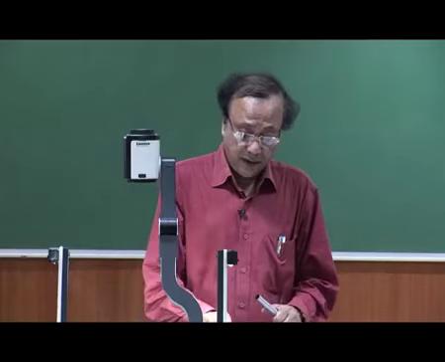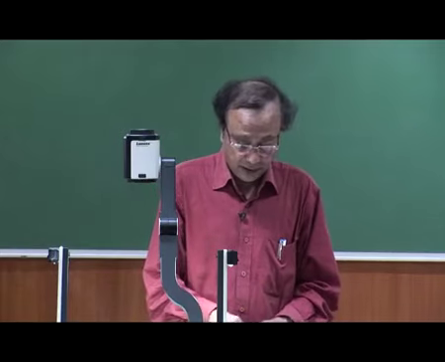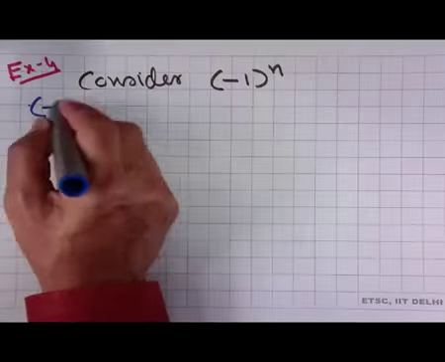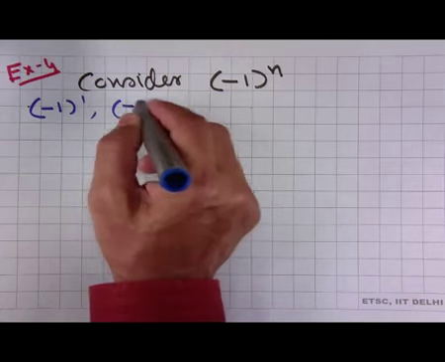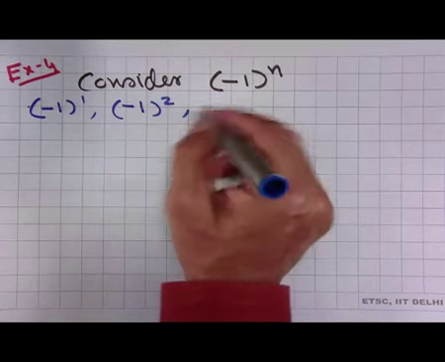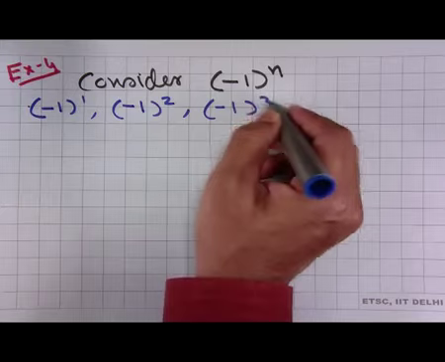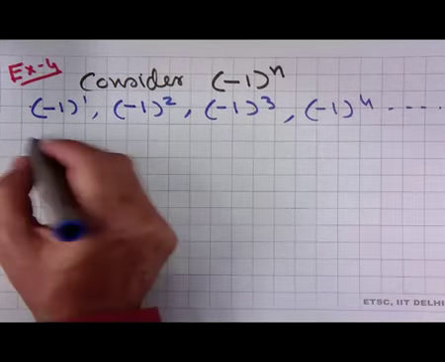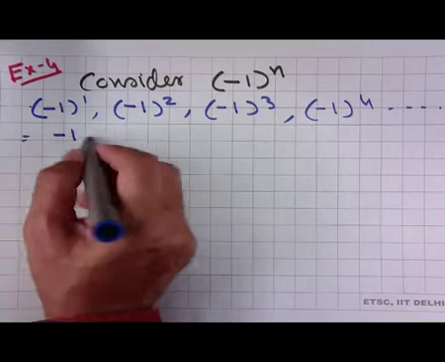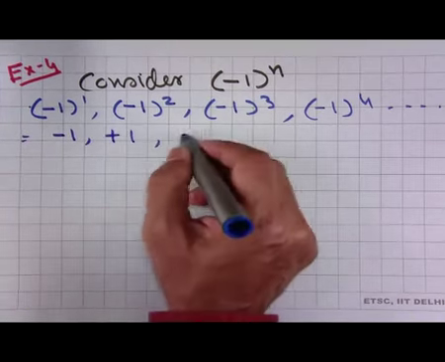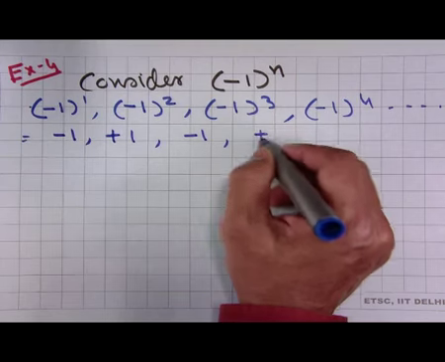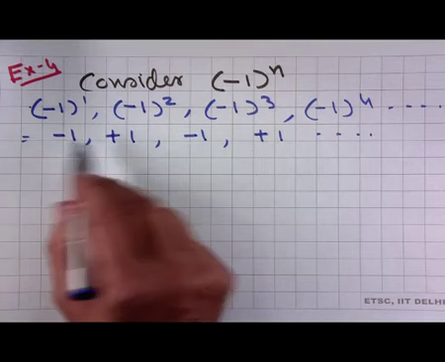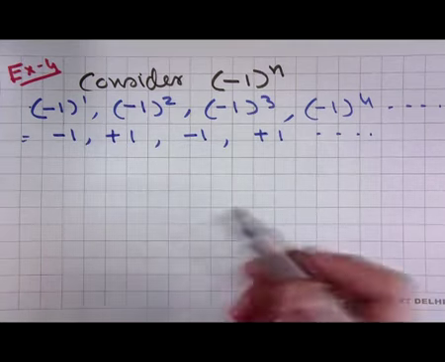If we write the sequence, it will look like the following: minus 1 power 1, next one is minus 1 power 2, next one is minus 1 power 3, next one is minus 1 power 4, and so on, and that is equal to minus 1 plus 1 minus 1 plus 1. So, we can see alternate occurrence of minus 1 and plus 1.